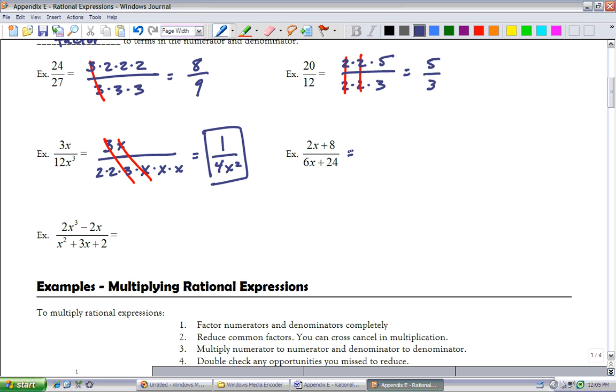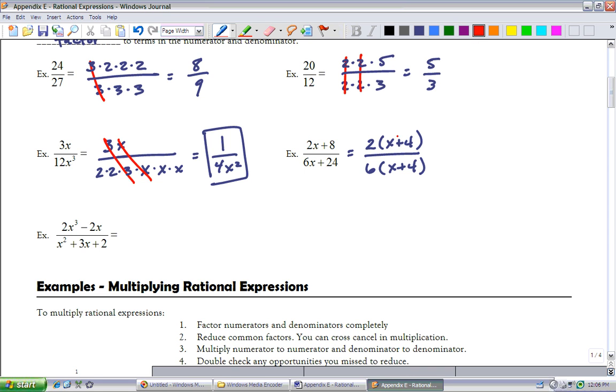Now, it gets a little more difficult here as we put more difficult rational expressions in, but let's look at how we can factor the top. We can factor a 2 out of each of those terms. So we get 2 times the quantity x plus 4 over 6 times the quantity x plus 4.